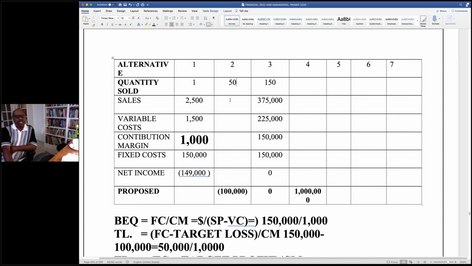So can we prove that this is going to generate a $100,000 loss? What's the sales? 125,000. Variable costs? 75,000.